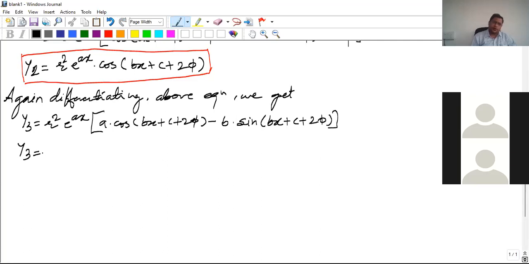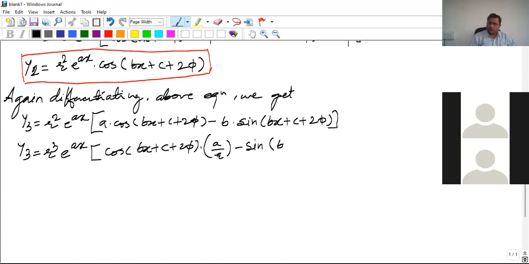Okay, so what do we have to do now? Same thing: multiply and divide by r. So we get r cube e raised to ax cos of bx plus c plus 2 phi, and this is a by r, minus sine of bx plus c plus 2 phi, and this is b by r.